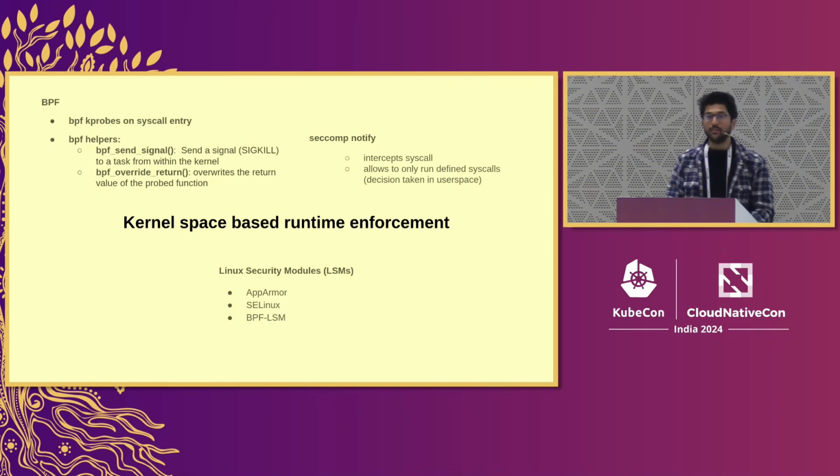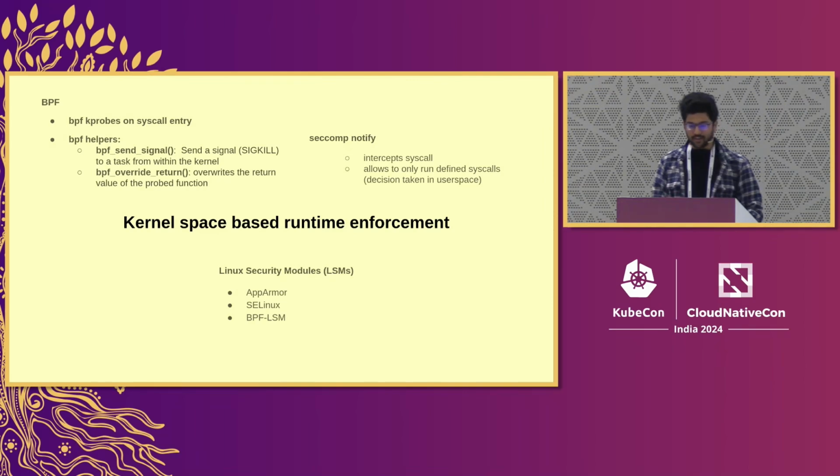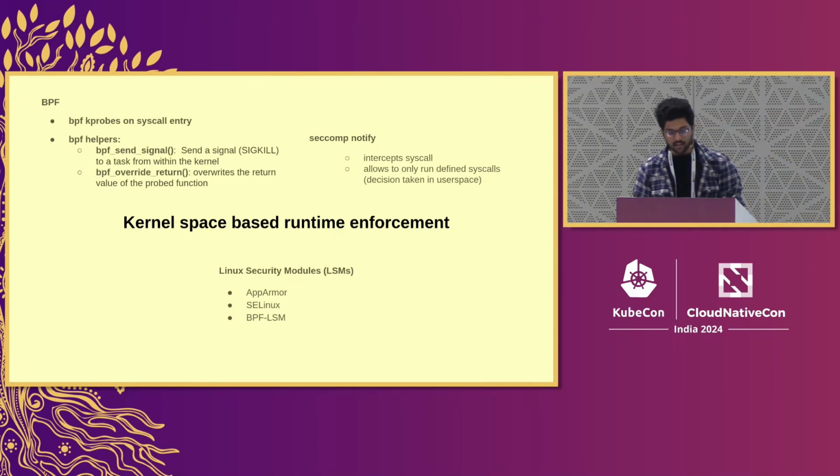Then we have Linux security modules. For example, AppArmor, SELinux, and relatively new BPF LSM. These allow us to define profiles or policies which can be enforced directly from the Linux kernel modules. The issue with Linux security modules is that they are very difficult to write.